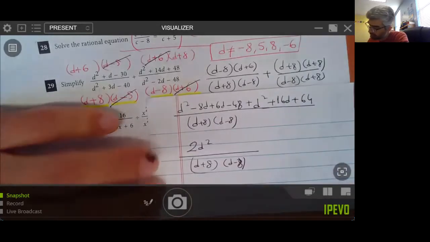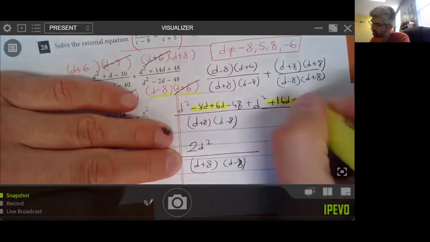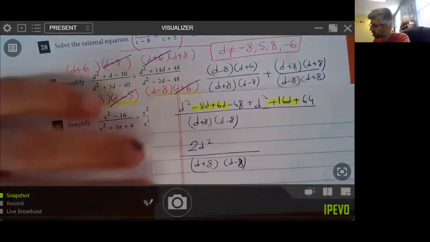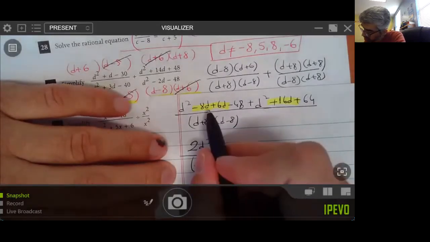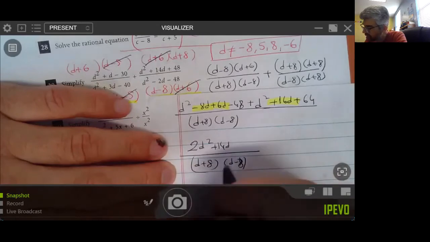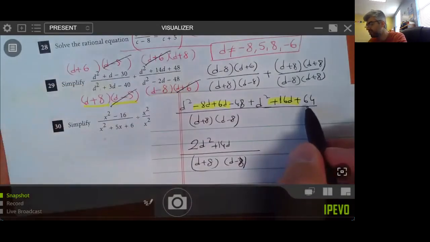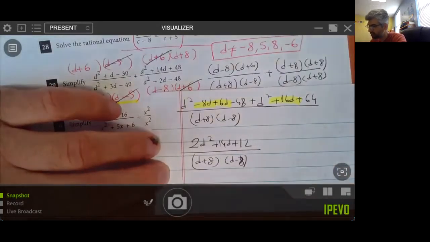Okay. So what do I have here? Negative 8 plus 6 and plus 16, which is 14D. Negative 48 plus 64, that is plus 12. Okay.